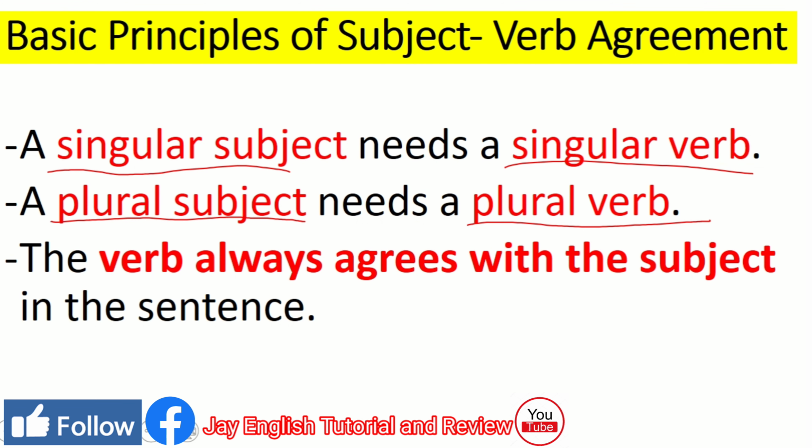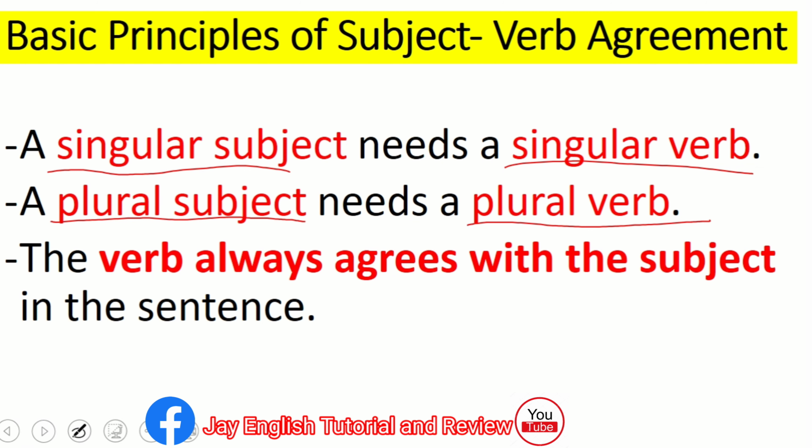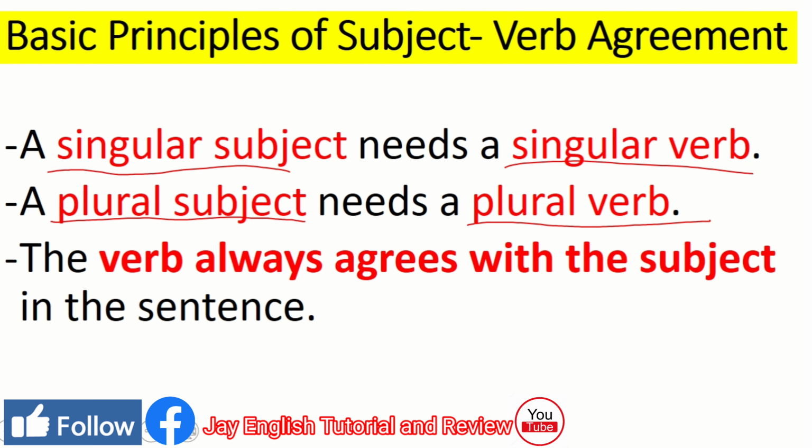verb. And with that being said, it is highly significant for us to distinguish the subject of the sentence, whether it is singular or plural, so we can pair it with the right or appropriate verb.